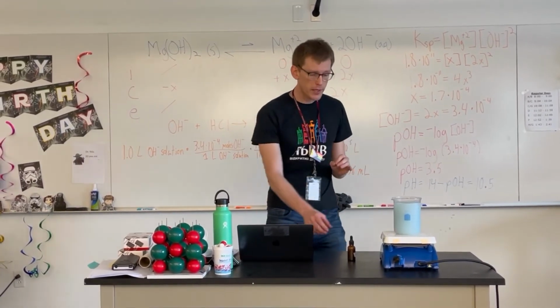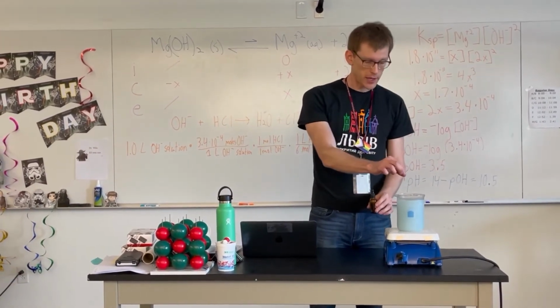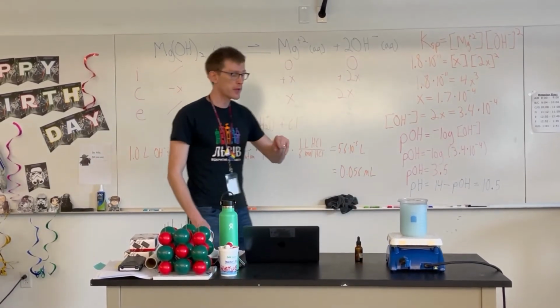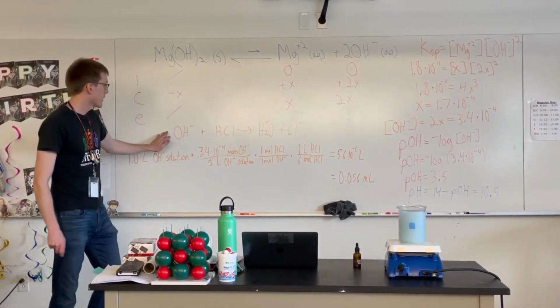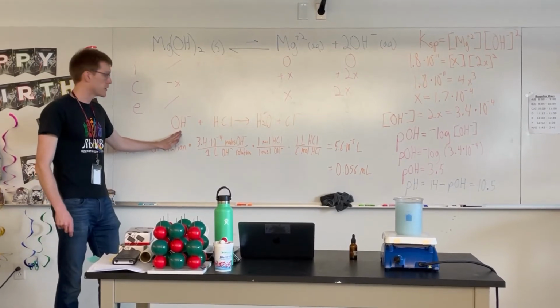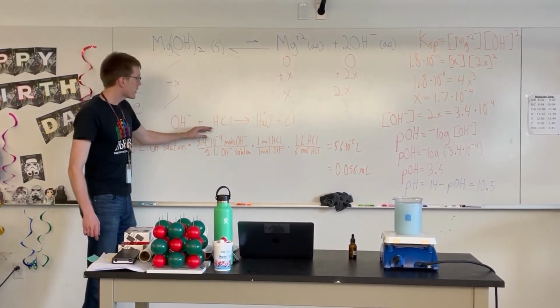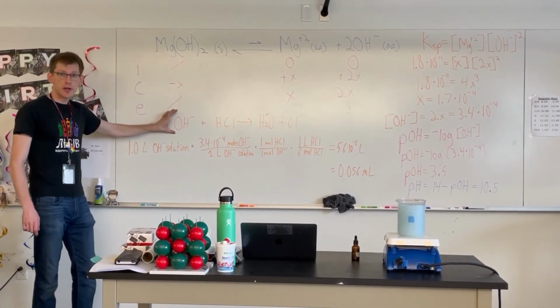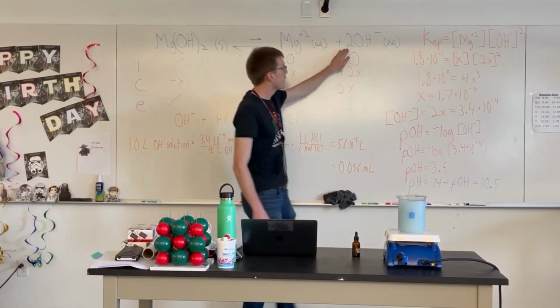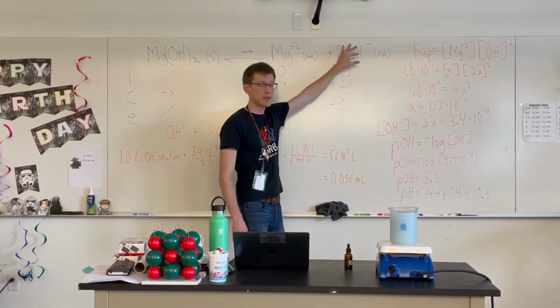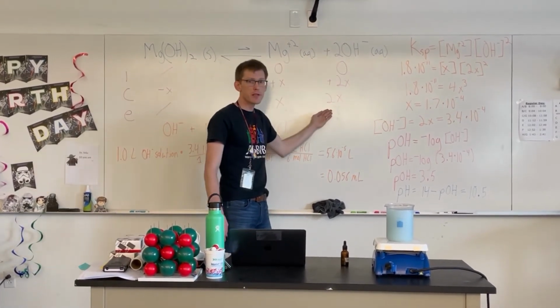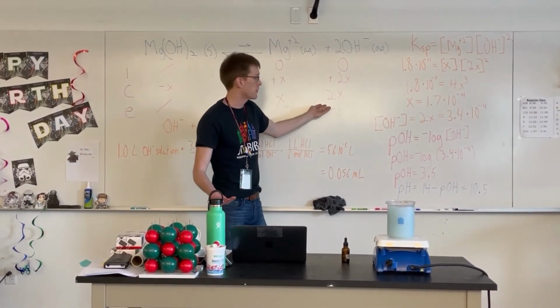What happened when I added some hydrochloric acid is the following. The hydrochloric acid reacted with the dissolved hydroxide ions and formed water and chloride. So in reacting with the hydroxide ions, we actually took the hydroxide out of the equilibrium. So our 2x became something less than 2x.